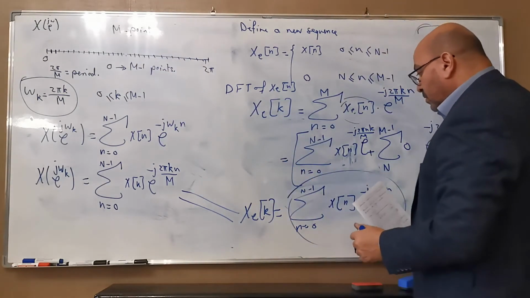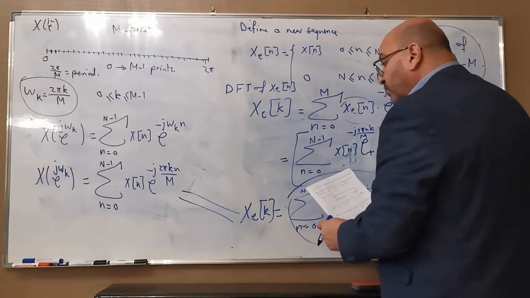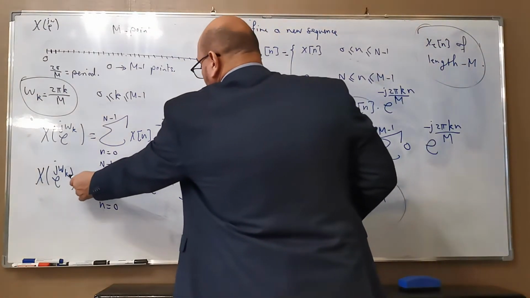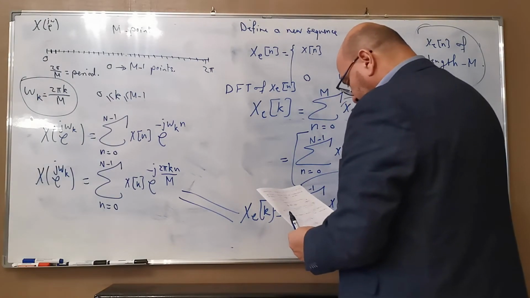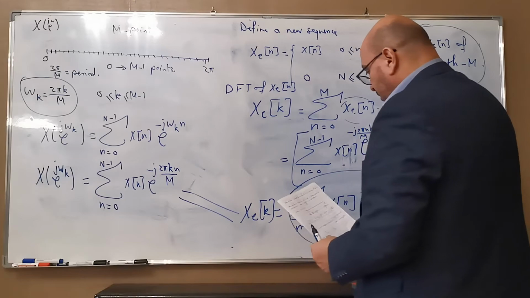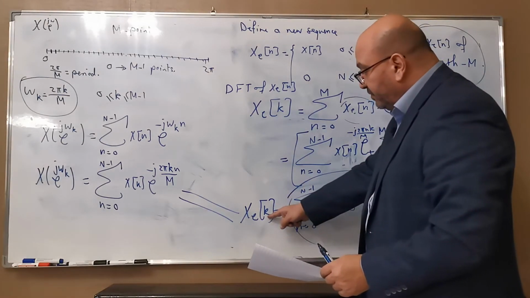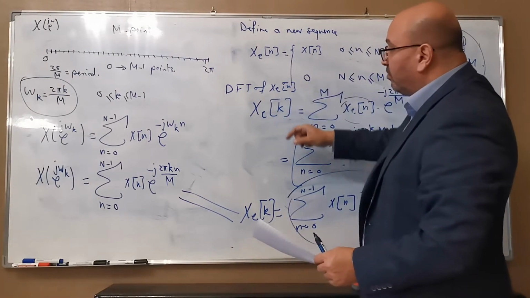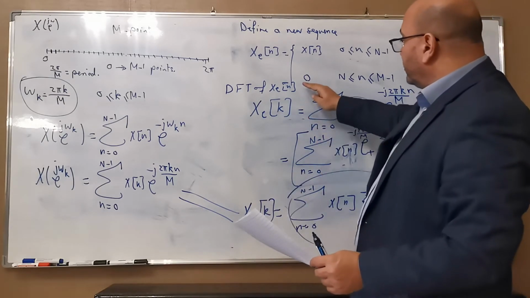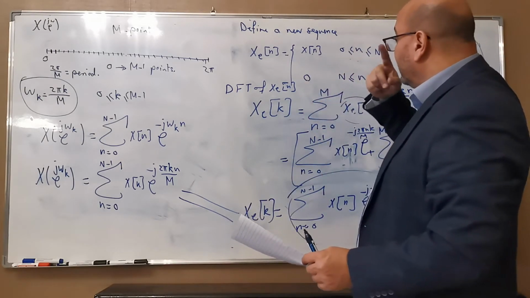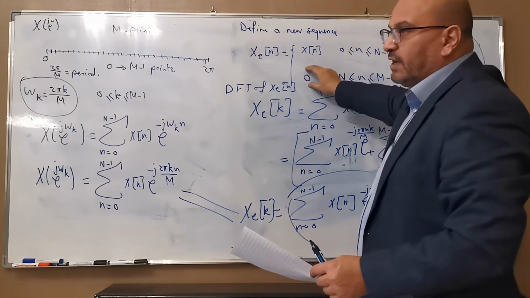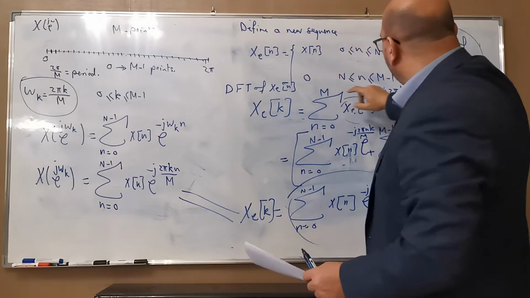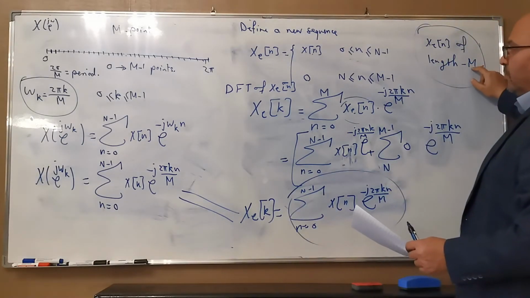So we can evaluate x of e^(j omega) at a dense grid of frequencies by zero padding x of n and finding the DFT of this extended version of x. The extended version is only x itself with zeros added at the end of it until you reach a value of m.